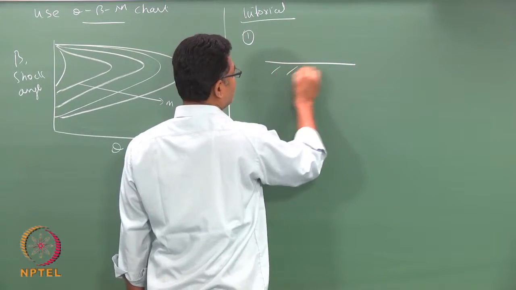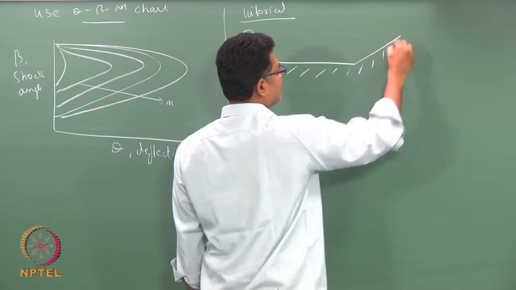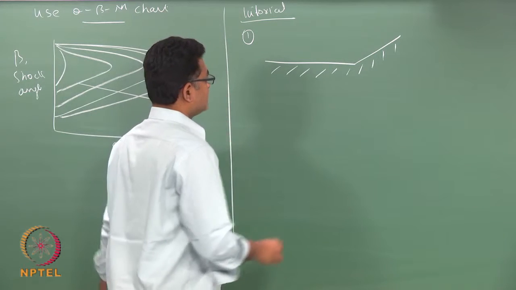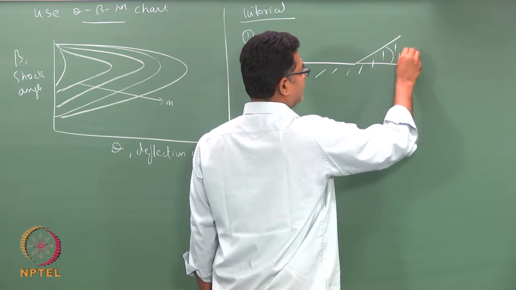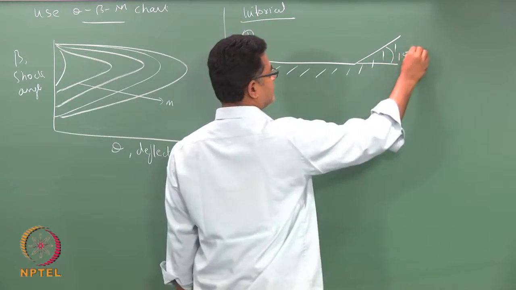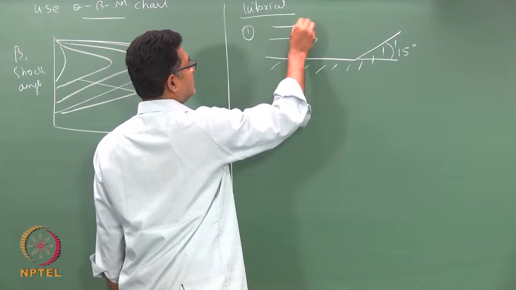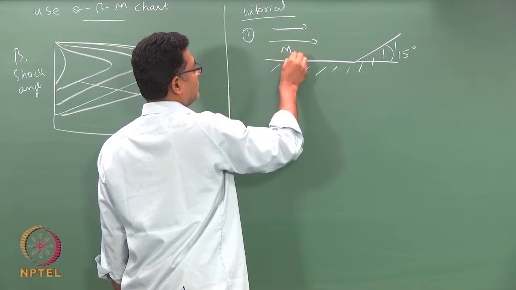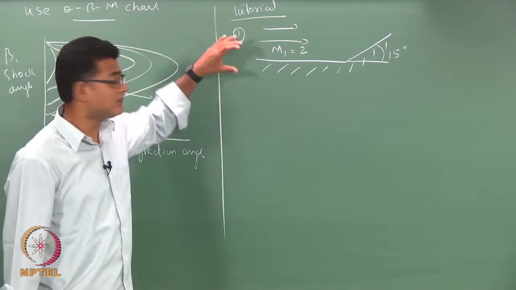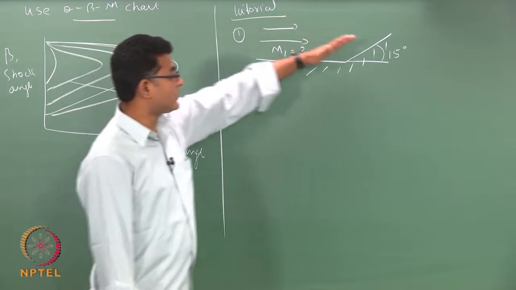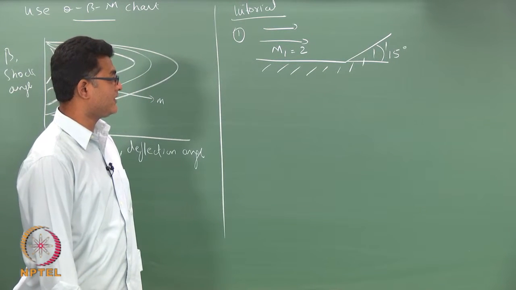So, the first example I have here is a flow over a flat plate which just suddenly faces a ramp. This ramp is, say, 15 degrees and the approaching Mach number of the flow is 2. So, I have a Mach number 2 approaching a ramp at a theta of 15 degrees.